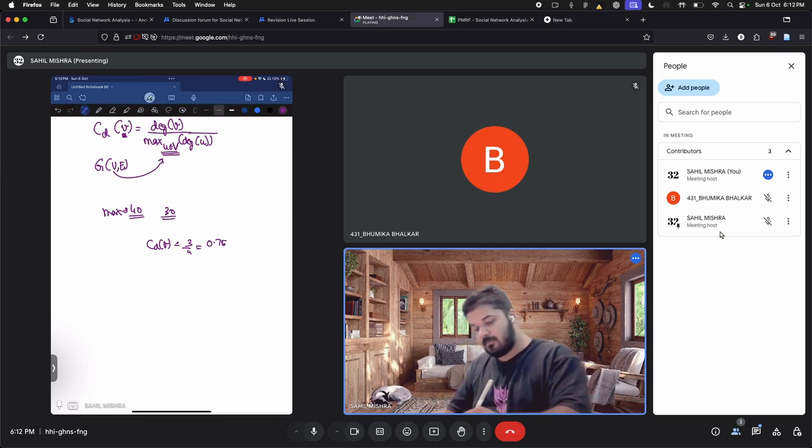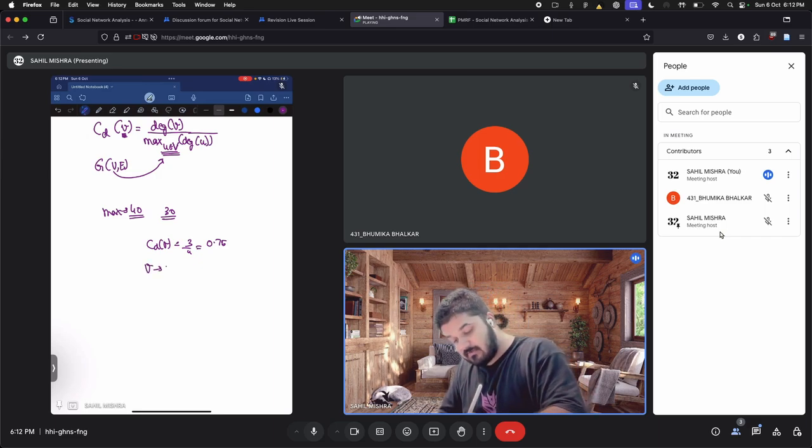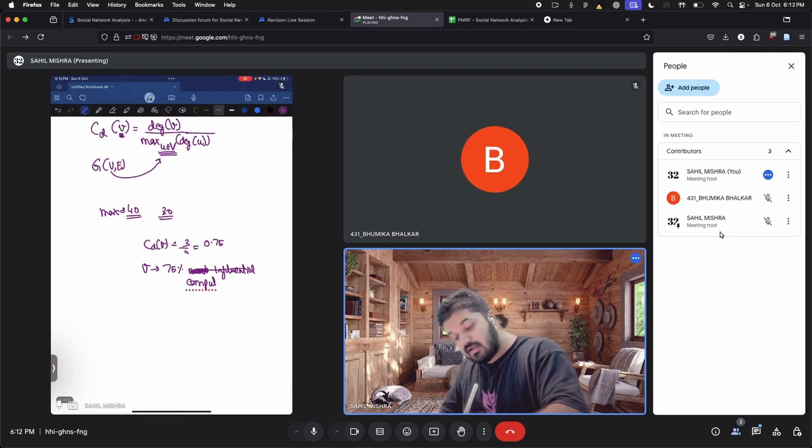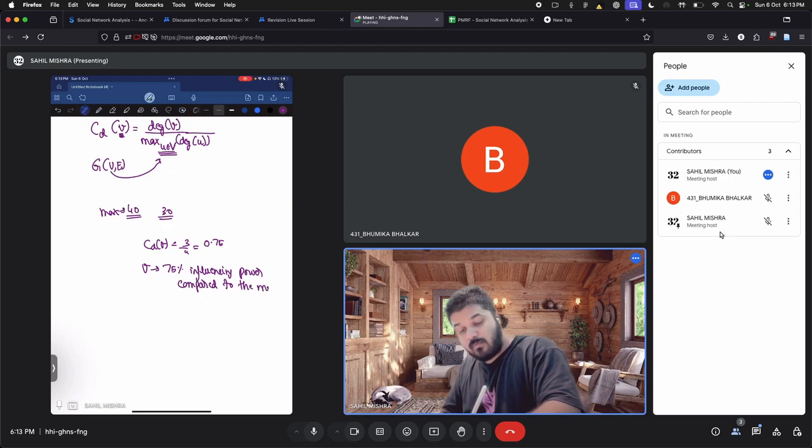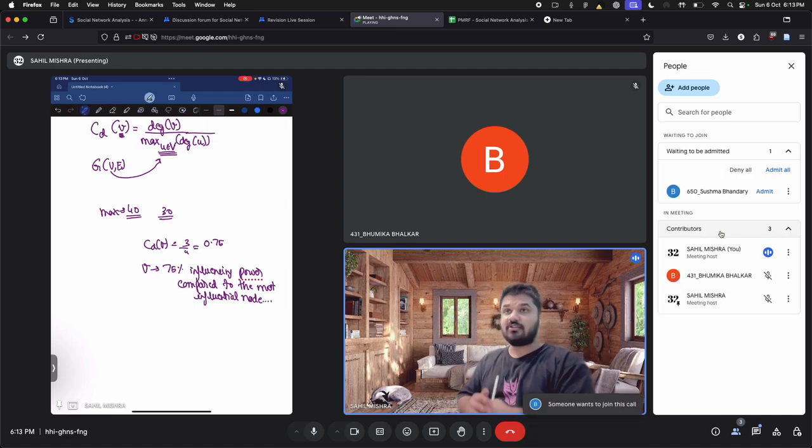So what you can say is this node V is 75% influential, this node contains 75% influencing power compared to the most influential node. Okay, got it till now?